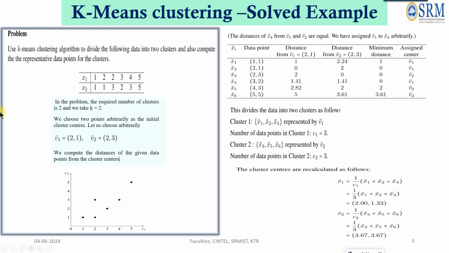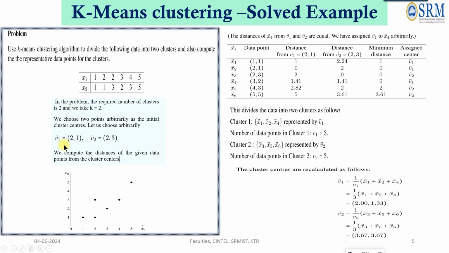Now I want to discuss the K-means clustering algorithm with one numerical example. Here we have two features, that is, a two-dimensional data set x1 and x2. The total number of data points n is 6, and K is 2. That is, for this data set we are supposed to form 2 clusters.